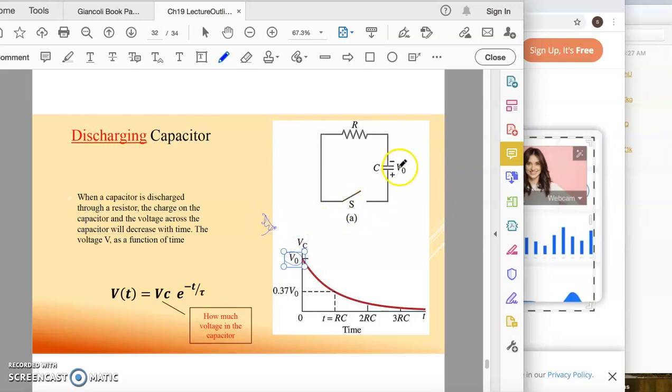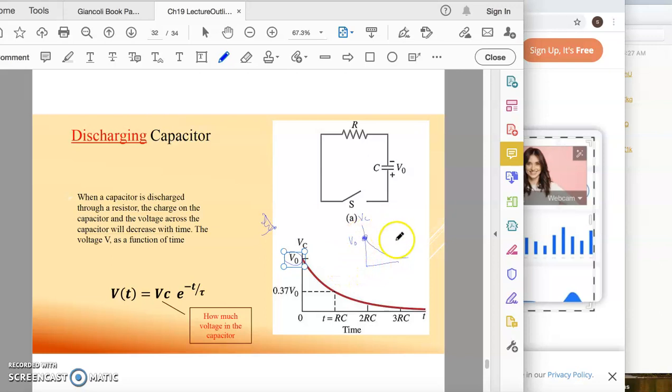We do care what was the voltage across the capacitor at the discharge. We start from that voltage and then it will decay till it reaches almost 0. So in the discharging process, whatever the voltage across the capacitor is, it will decrease till it reaches almost 0.